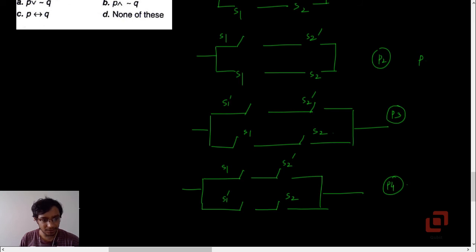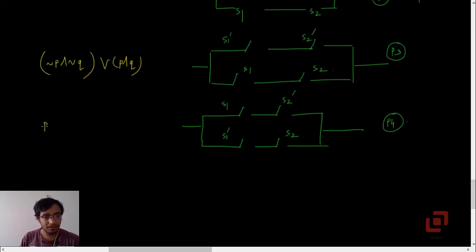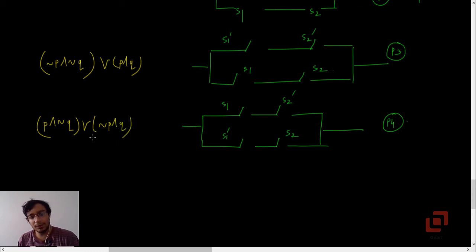Okay, so let me just tell you the proposition. It is going to be negation P and negation Q, or P and Q, for the third. And what will it be for the fourth? P and negation Q, or negation P and Q. Again, you have 2 options.